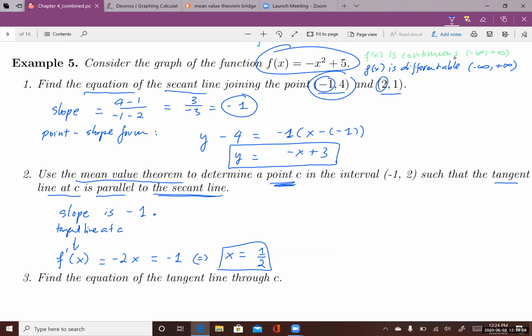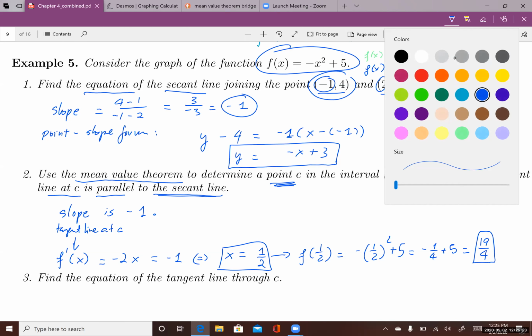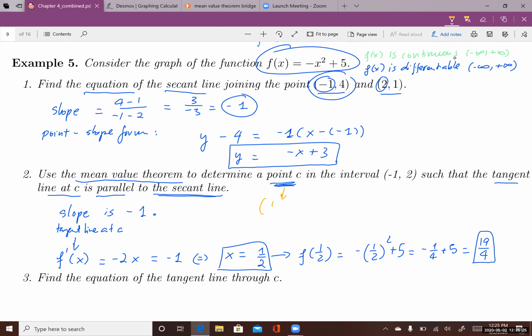And if x is 1/2, then we can find f of 1/2, which is -(1/2) squared plus 5. That should give you -1/4 plus 5, which is 19/4. So you found C is a point where the x value is 1/2 and the y value is 19/4.